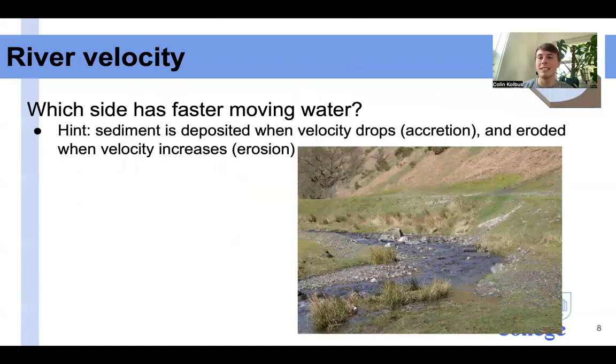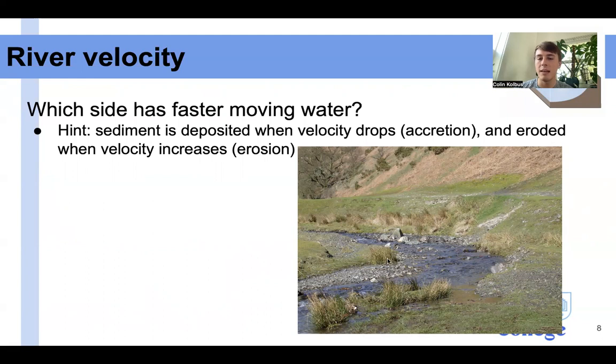So it really is very interesting how rivers change over short periods of time. You can come back to a river after a month and see erosion and accretion in practice. So here in this photo, as it's coming around this bend, we have our thalweg hitting this outer bank and then being redirected.